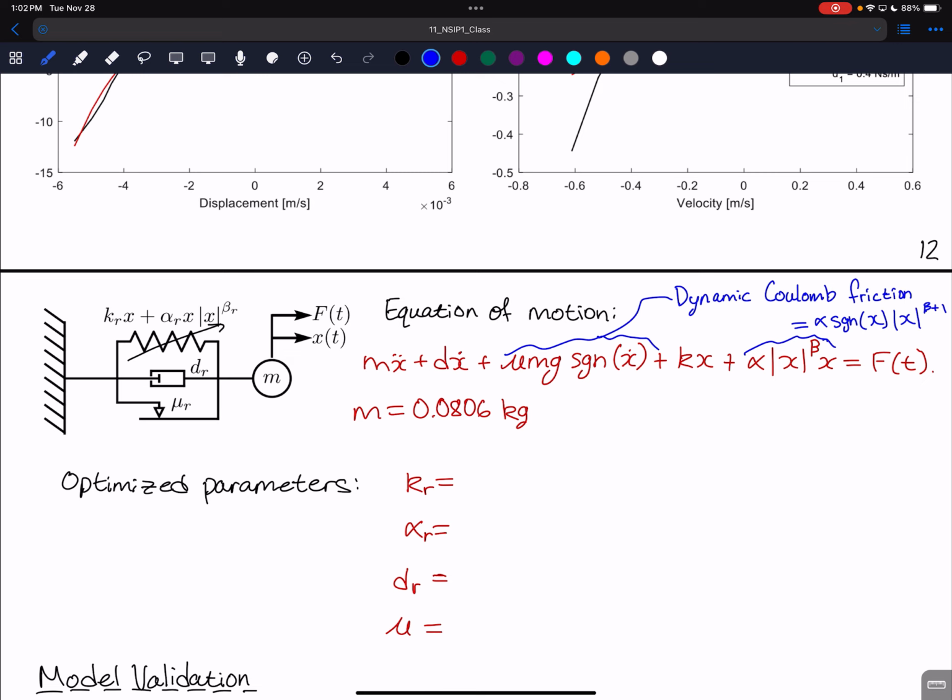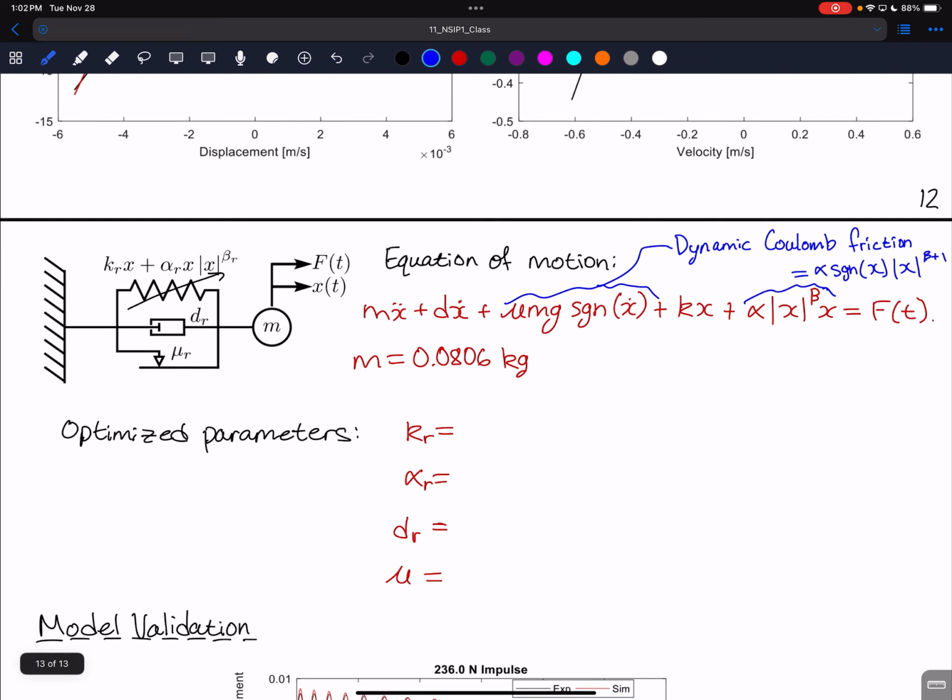So it's the same thing as what you saw in the previous plot. We simply do an optimization where we optimize the restoring force from this model to match what we saw in the previous plot. And by doing that, we found that the stiffness Kr is equal to 89.0 newtons per meter.